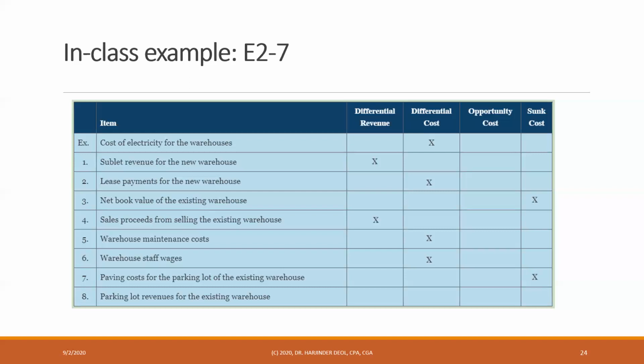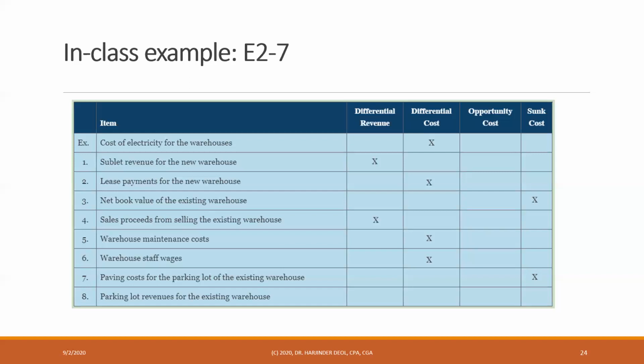The last of the lot, parking lot revenues for the existing warehouse. Now, if we choose to move over to the new warehouse, we don't have an abundance of parking space to sublet. So whatever revenues we earn from renting out parking space in the existing warehouse, if we choose to move to the new warehouse, we will sell the existing warehouse.